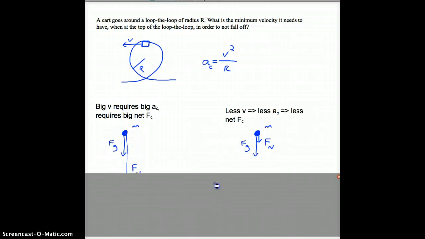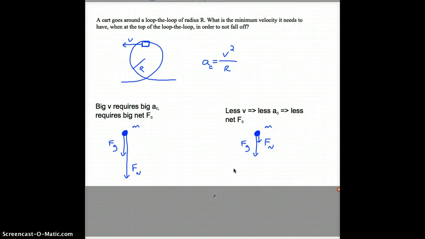So here are a couple of free body diagrams that represent what happens when there is a lot of velocity. We're looking for the minimum velocity, but if there is a lot of velocity and the track doesn't break, it is in circular motion.